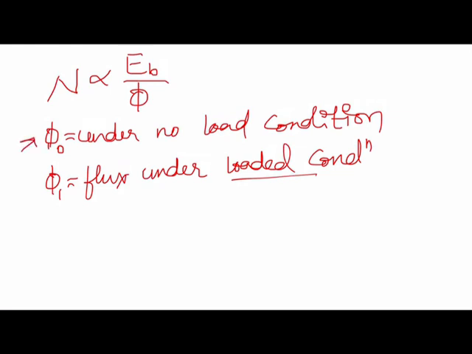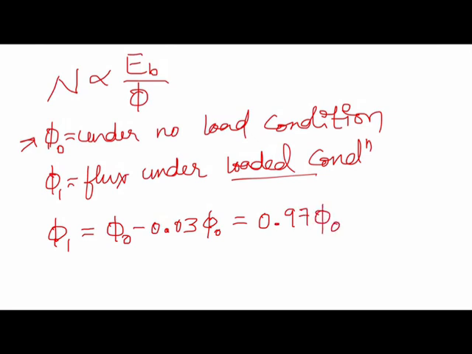So phi 1 will be equal to phi naught, the initial flux, minus 0.03 times phi naught. This means the flux under loaded condition will be 0.97 times the original flux, that is, the no load flux.